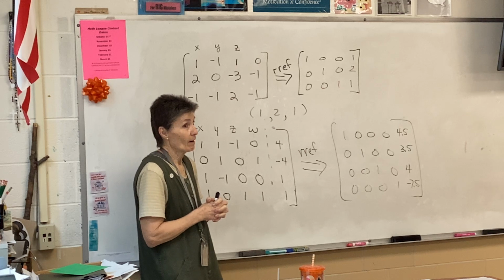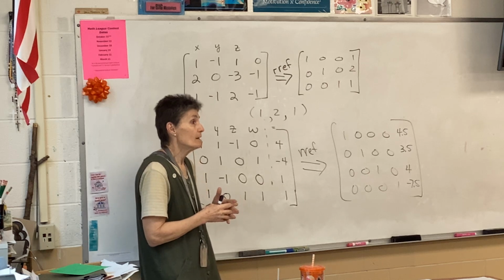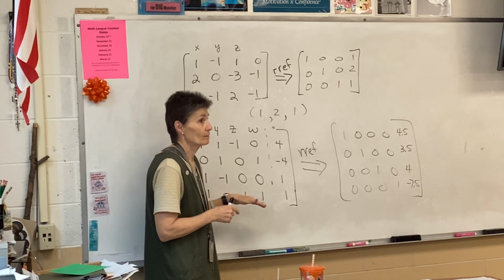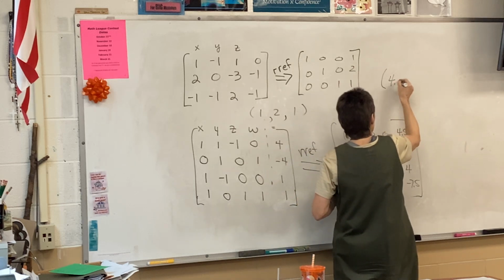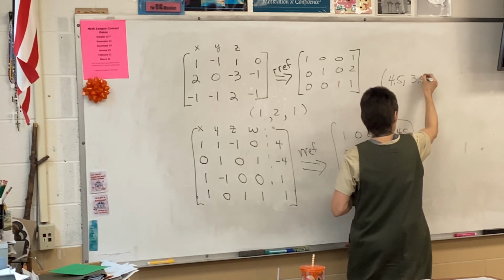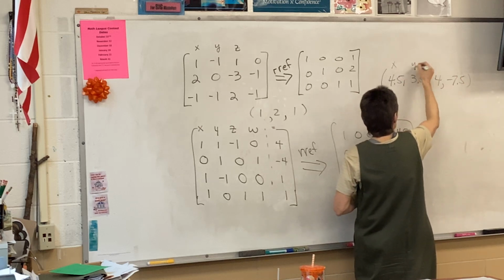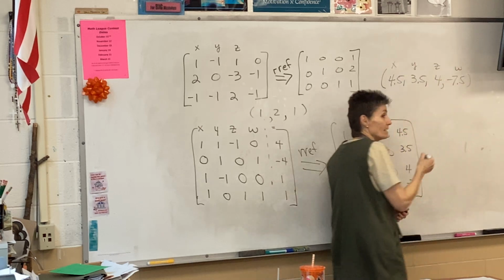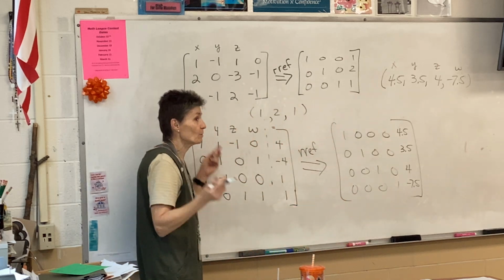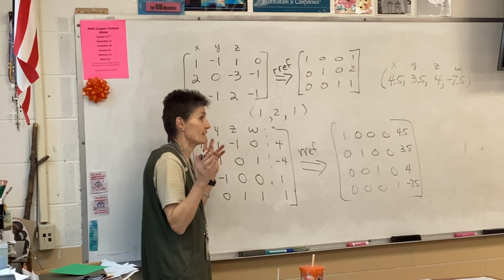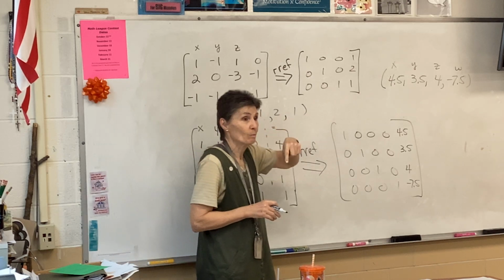Okay? Now I want to remind you, most of you probably aren't ever going to do this, but you can check this answer. So if I think my answer is 4.5, 3.5, 4, -7.5, plug it into the original. If you want to check it, you could go back and pick one of your equations, any one, it doesn't matter, and plug those numbers into it and see if it works.